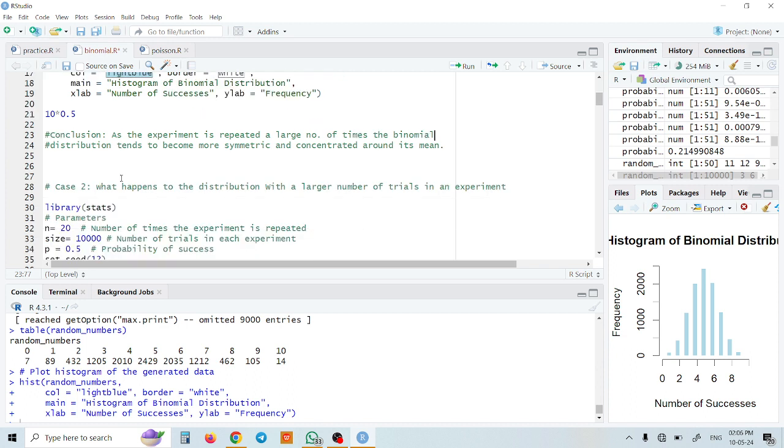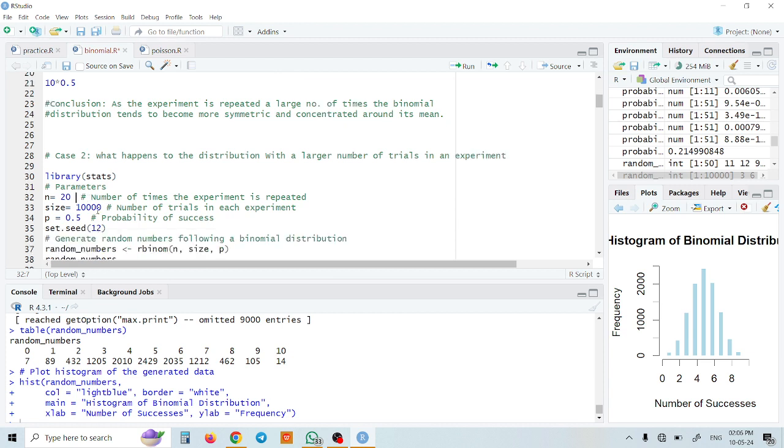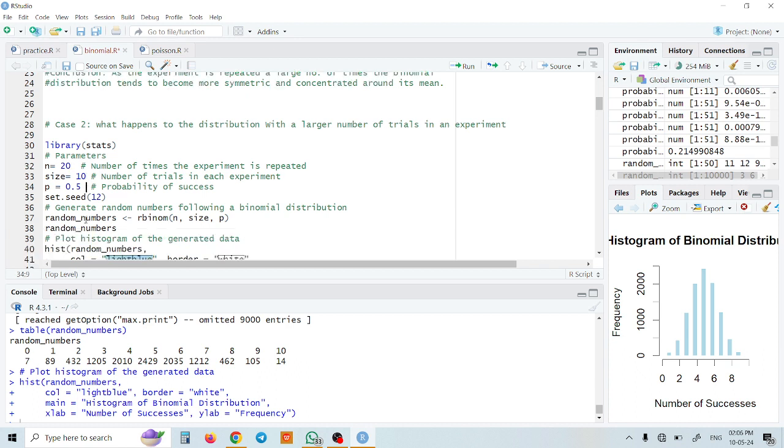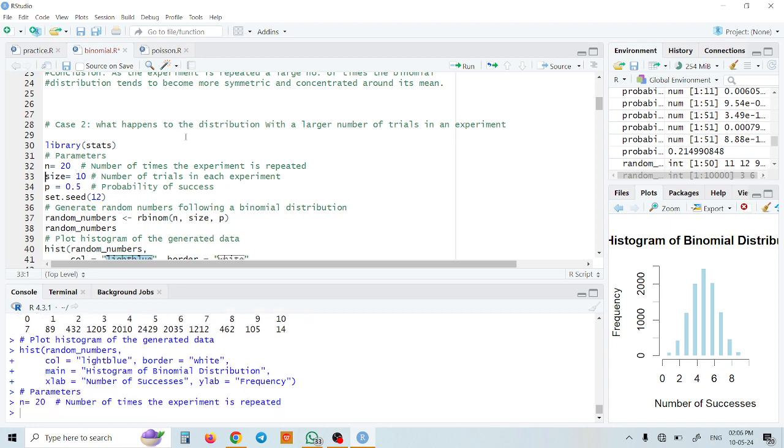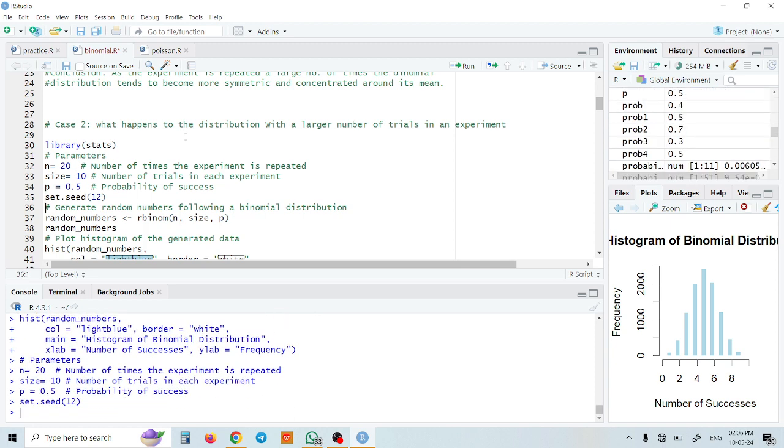Now we will see, if we fix the number of experiments and increase the trials, what will happen? Initially we had taken 20 experiments, the number of trials in each experiment was 10, probability 0.5, and we had already seen the distribution. We can see it again just to remember.